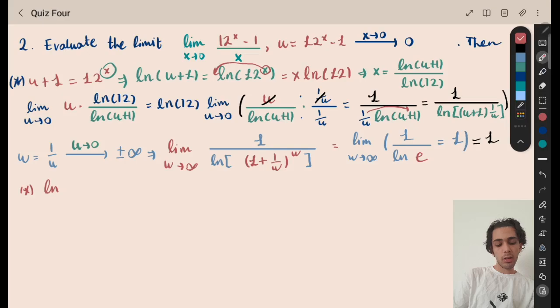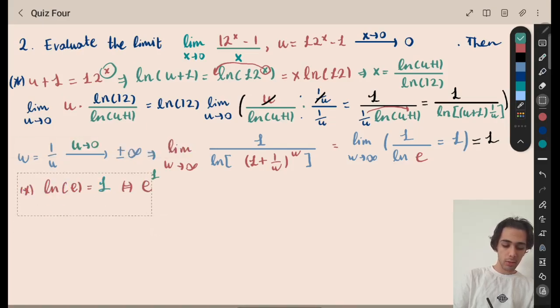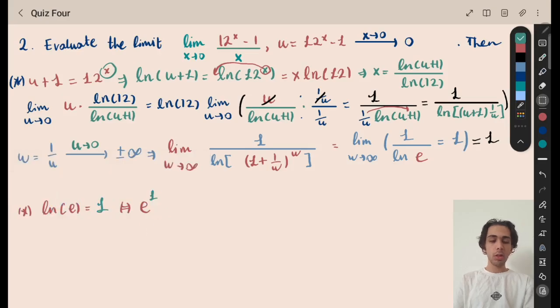And ln of E is equal to 1 because 1 is the number, maybe some color coding would be nice here. ln of E is equal to 1. You can use a calculator to find that out. Or it is simply because 1 is the number which you raise E to get E. So that's what it means.